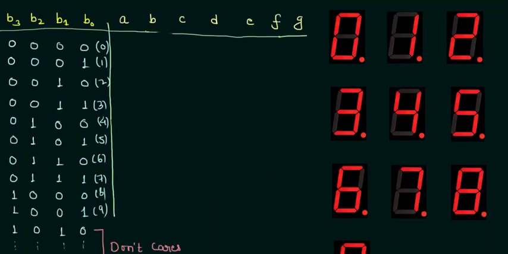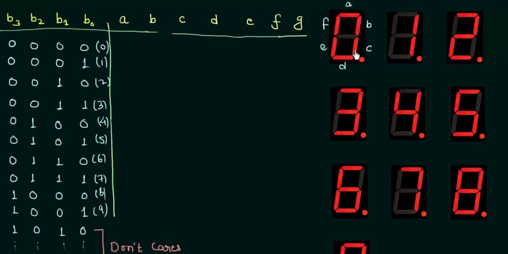Now here you can see a table in which I have written the BCD codes. If I want to display 0, it can be done in this way. So to display 0 we have the segments A, B, C, D, E, F high.